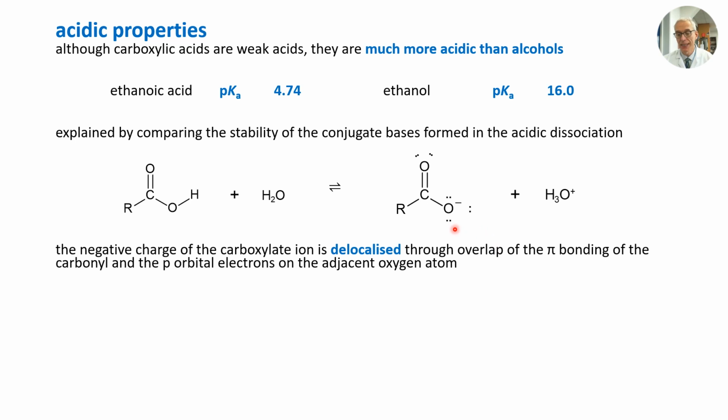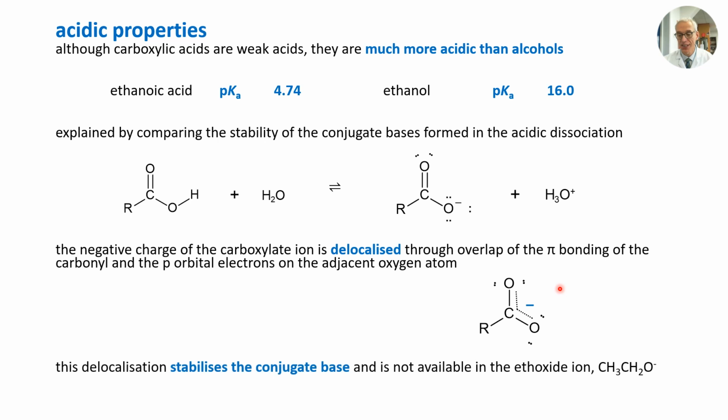Because there are p electrons on the oxygen carrying the negative charge on my diagram, these can interact with the pi bonding of the carbonyl, and therefore this negative charge can be delocalized through the 3 atoms by overlap of p orbital electrons.